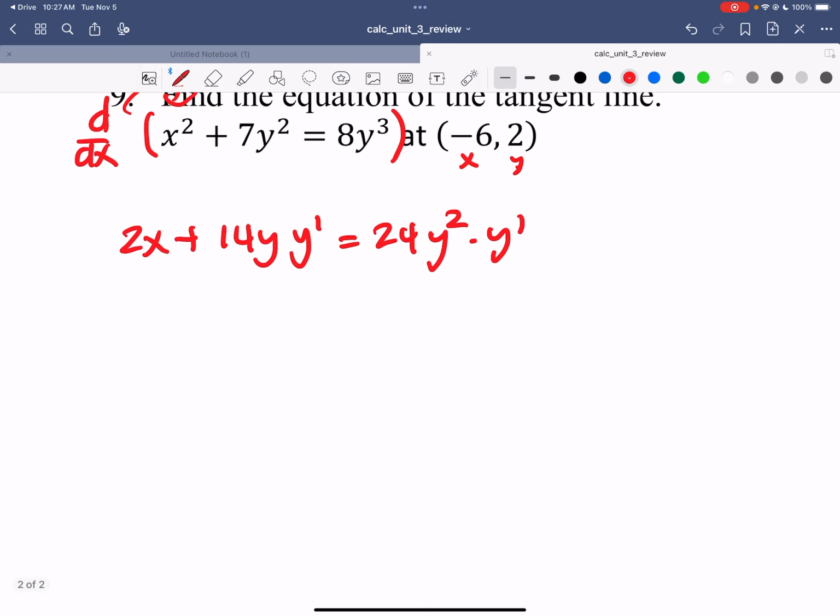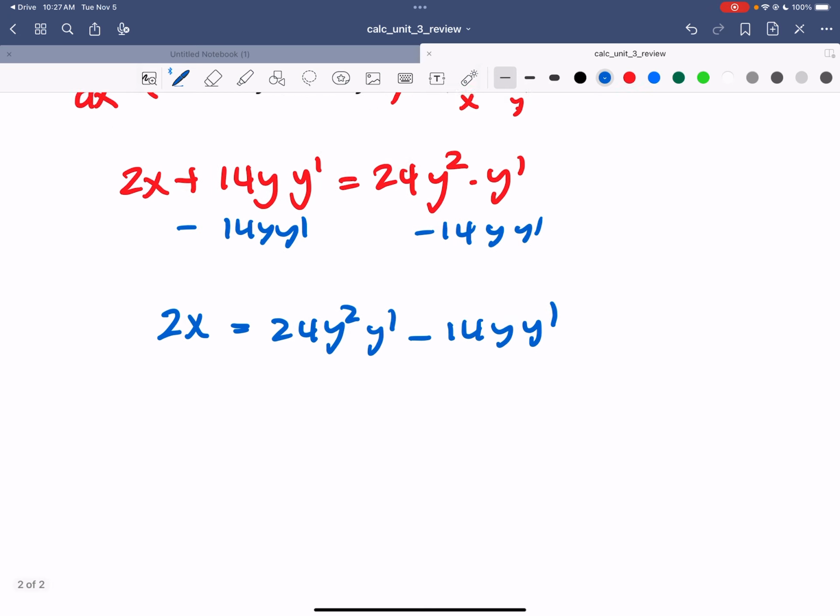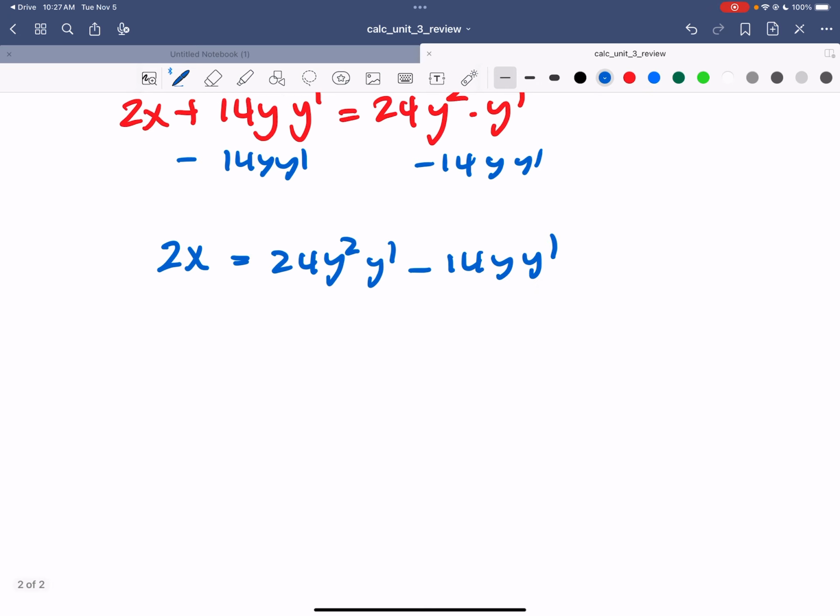I'm going to move this 14y minus. If I do this, you're going to get 2x equals 24y squared y prime minus 14y y prime, right? And 2x equals y prime.